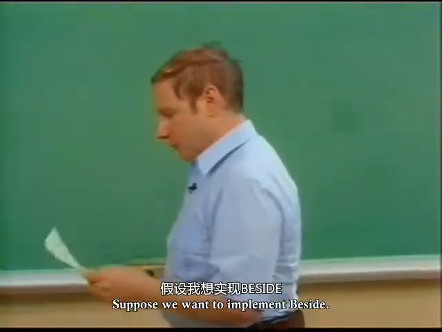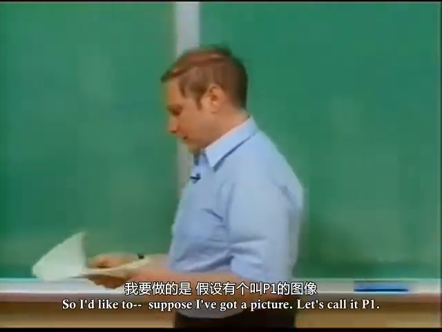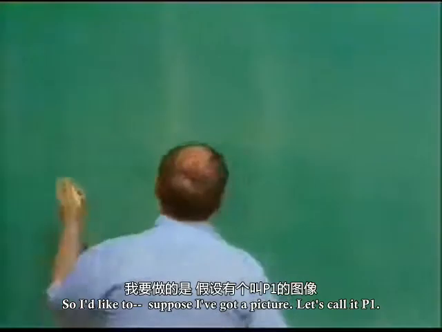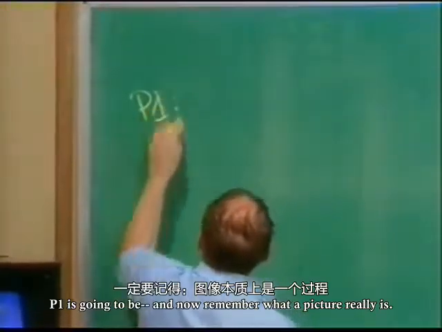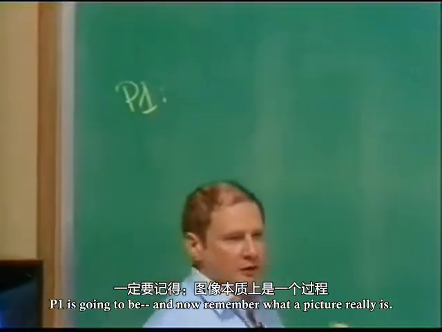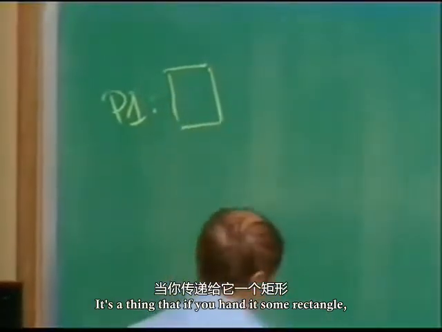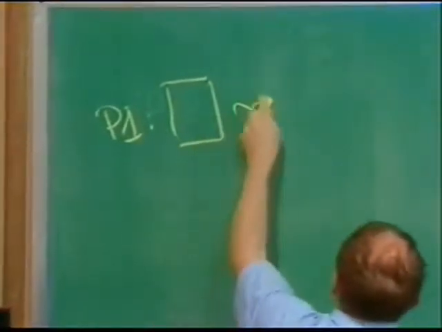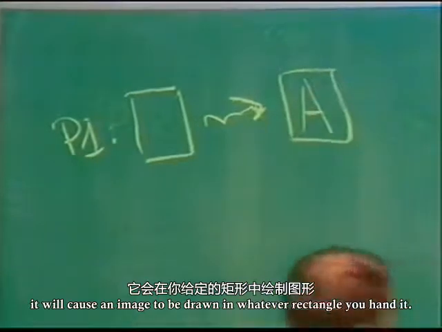Suppose we want to implement beside. Suppose I've got a picture. Let's call it P1. And now remember what a picture really is. It's a thing that if you hand it some rectangle, it'll cause an image to be drawn in whatever rectangle you hand it.